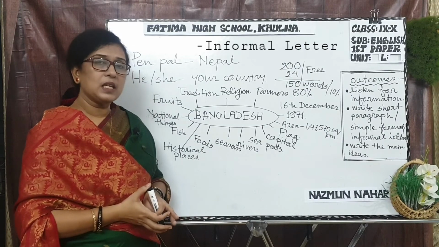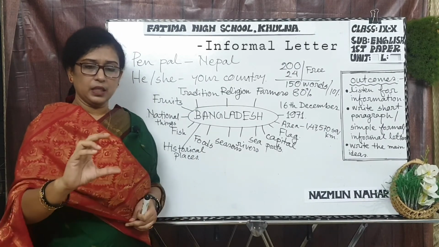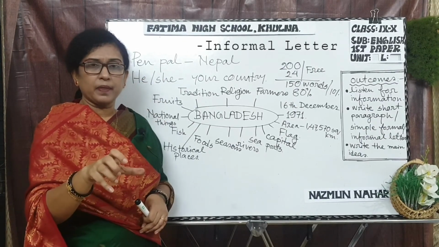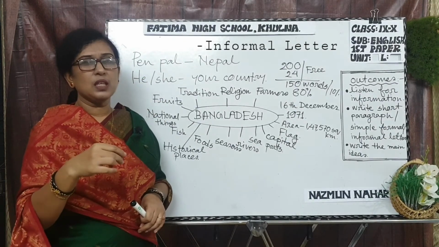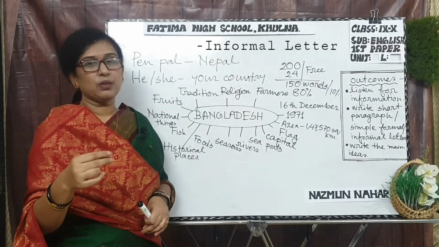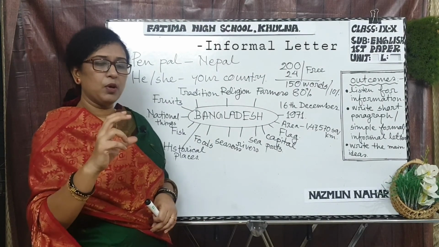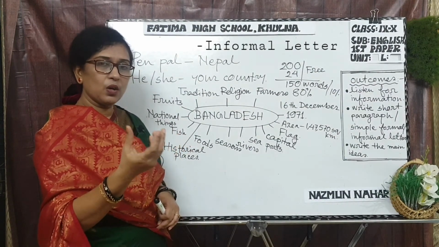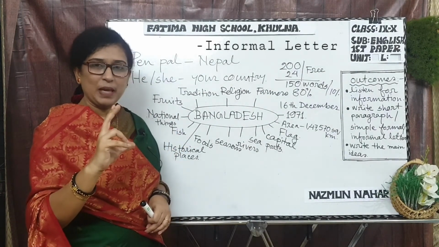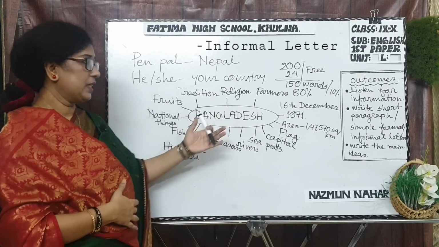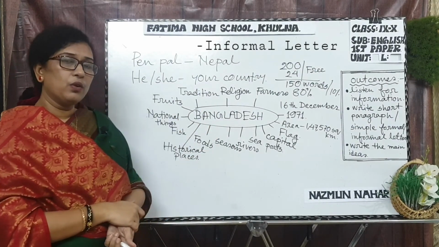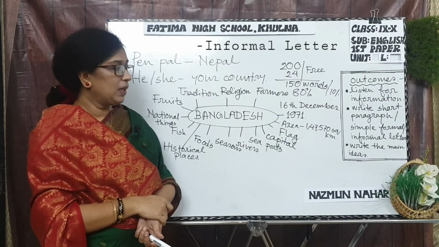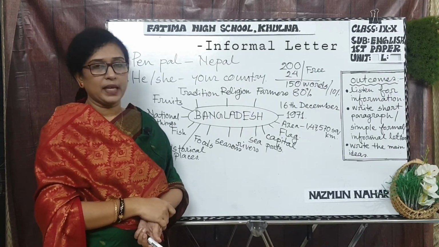Clear? Next number, you can write this letter in paragraphs. If you write everything in one paragraph, the examiner will be bored to see or examine your answer script. So please be careful about this paragraphing. Don't over-exercise or don't write an email. Clear? So this is our letter, and if you read or write these items, then you will be able to write any kind of paragraph.